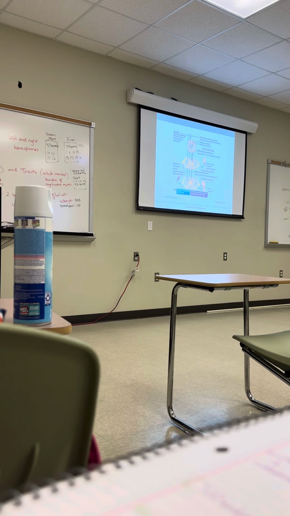So this one here is the second order. So basically, those nuclei are important in processing sensory information because that's where the second order neuron starts. And then the medial lemniscus is the axons of the second order neuron.